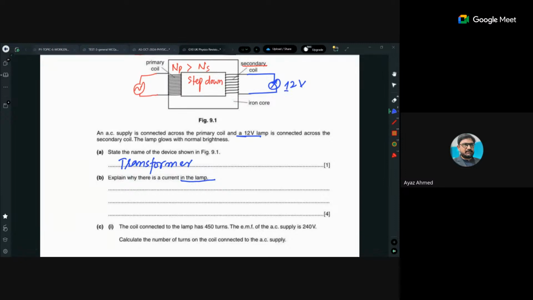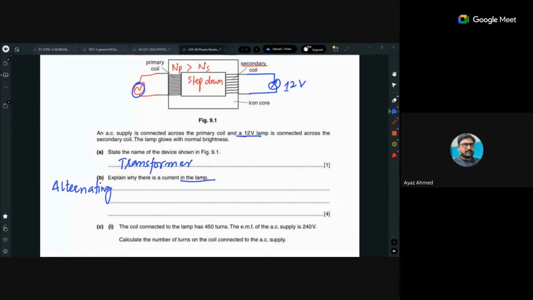We explain it in detail: the alternating current in the primary coil, or alternating voltage in the primary coil, causes an alternating magnetic field in the coil. You have to write 3 or 4 points for that.